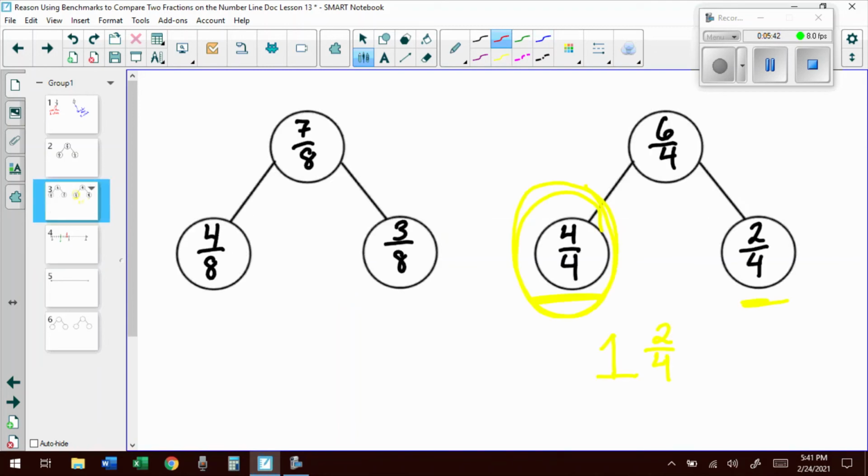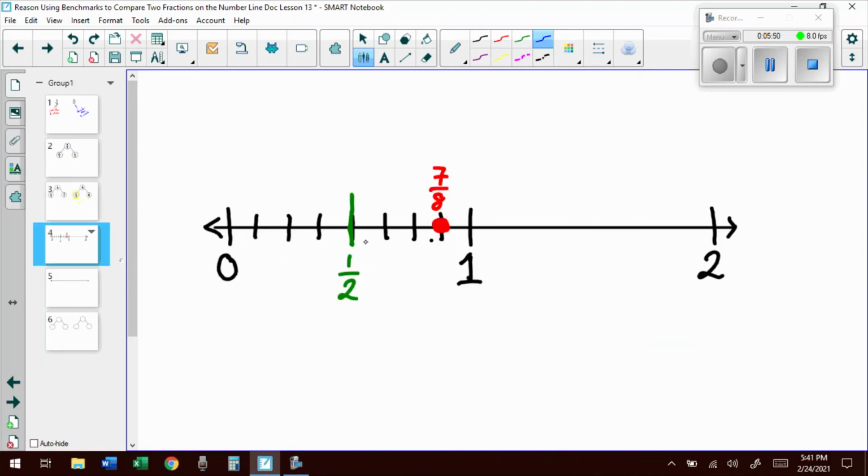Now, for this next one, I need to partition my number line into fourths. So if I look at my number line, I have half right there, which the equivalent fraction is 2 fourths. If I were to partition this, I'd have 1/4 right there, 2 fourths, and 3 fourths. And I keep going. 1 is 4 fourths.